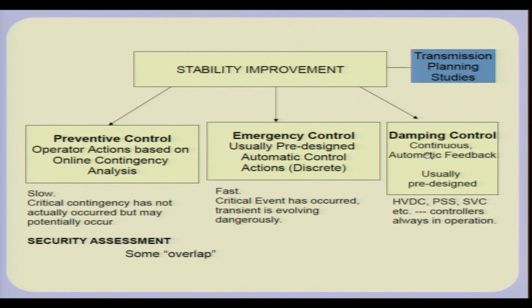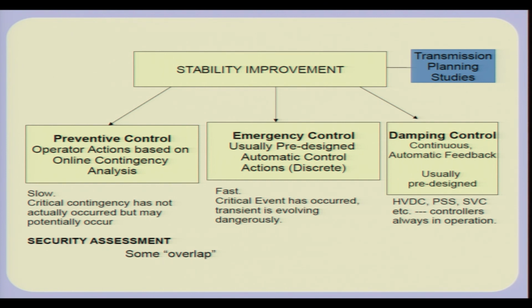You also have closed loop feedback kind of automatic feedback systems, which are called damping controllers. These are usually pre-designed, and as I mentioned, these effectively are used for improving angular stability of the system. And in fact, if you want to do preventive control, you actually have to have some means of assessing the security of the system.